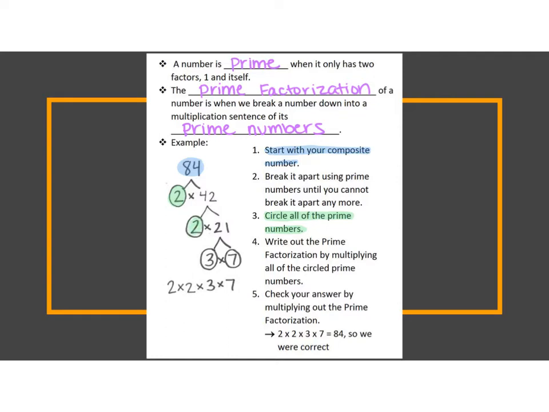Again, 2 is a prime number, so it is circled. 21 is a composite number because it has more than 2 factors. So when we break it down, 3 times 7 equals 21. Both 3 and 7 are prime, so they are circled.